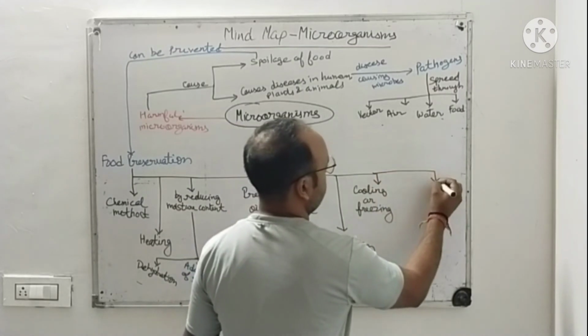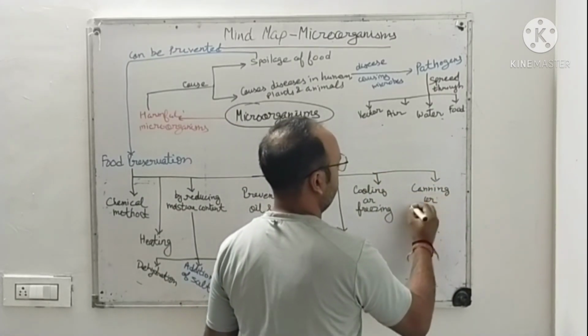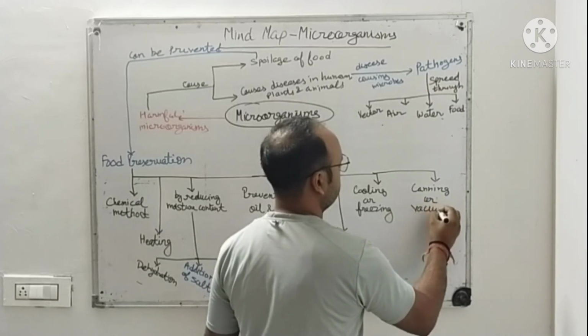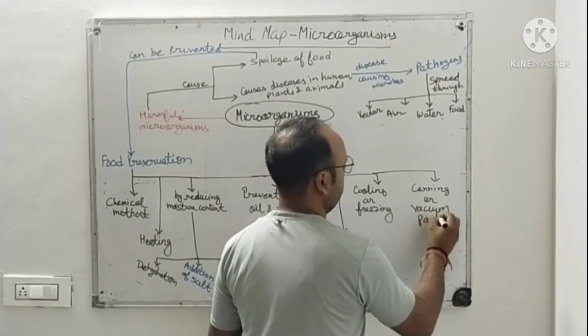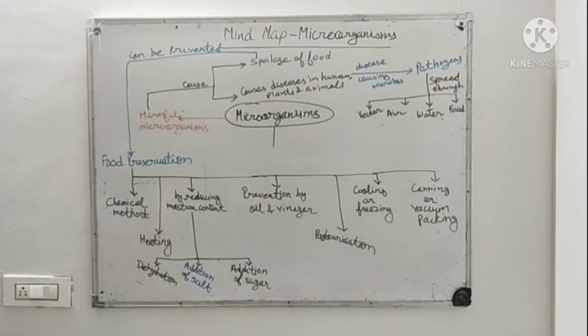Last but not the least, canning or vacuum packing. Canning is done and things are packed in a vacuum so that nothing can enter. If nothing enters, then the growth of microorganisms will not take place. Right?